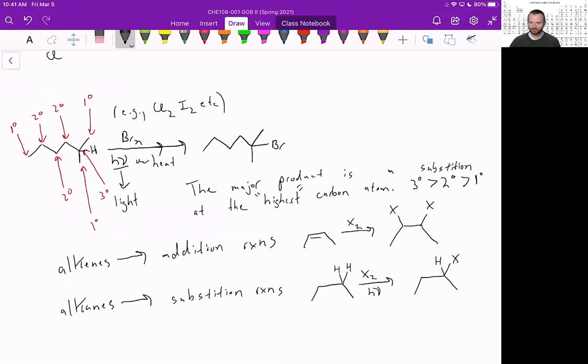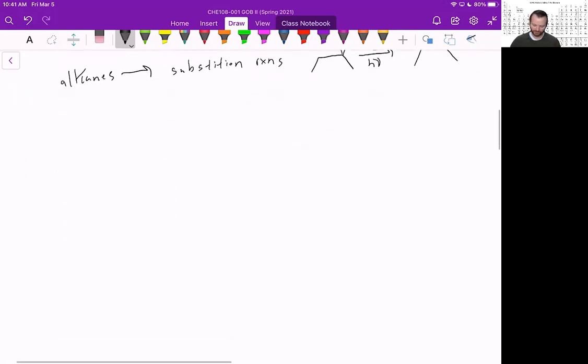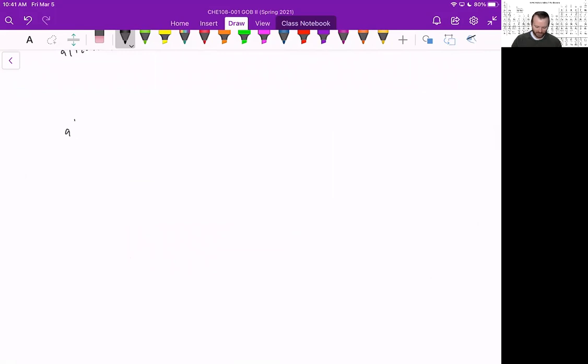The utility of alkyl halides is they can react to make alkenes. As far as why this matters, a workflow is you can take an alkane, if you have alkanes from petroleum, convert them to alkyl halides, and then convert alkyl halides to alkenes.